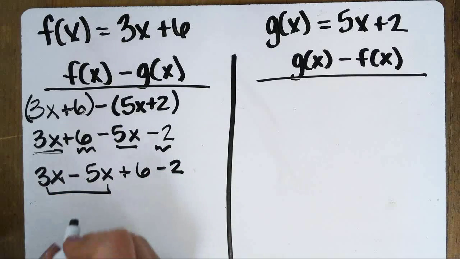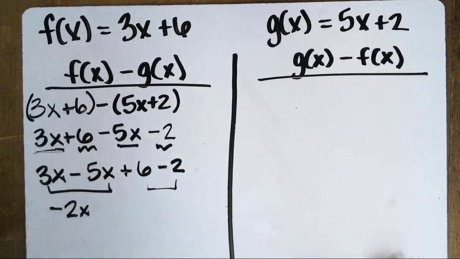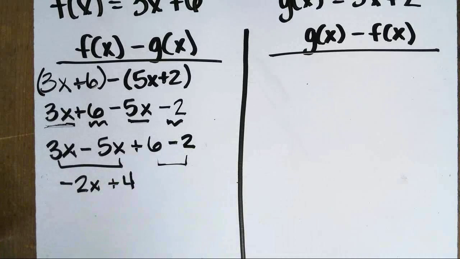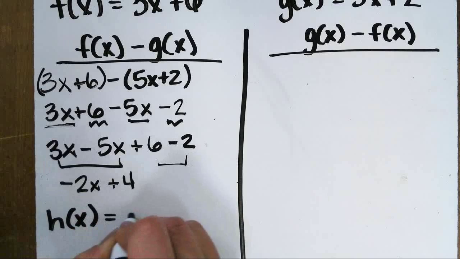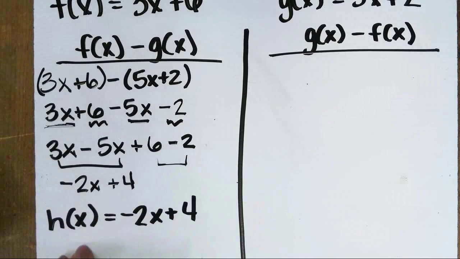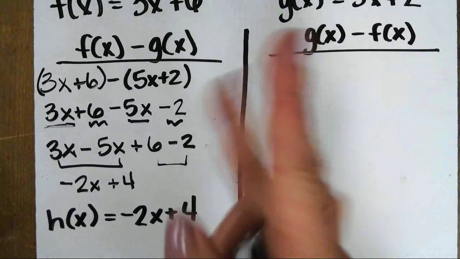Those give me a negative 2x, and a positive 4. So now my h of x is negative 2x plus 4, because remember, I'm renaming it. Now let's do a j of x, and we're going to write it but flipped.